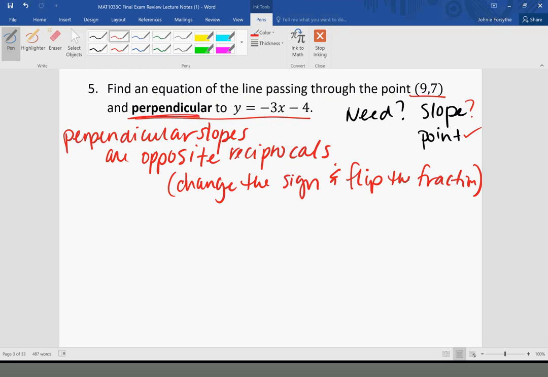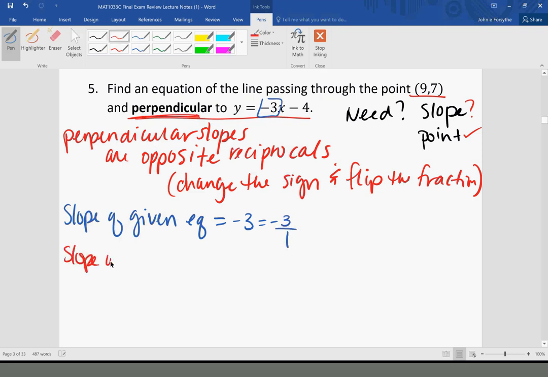All right, so we have this line y equals negative 3x minus 4. So what is the slope of this given line? So the slope of the given equation equals your m, negative 3, which is the same thing as negative 3 over 1.